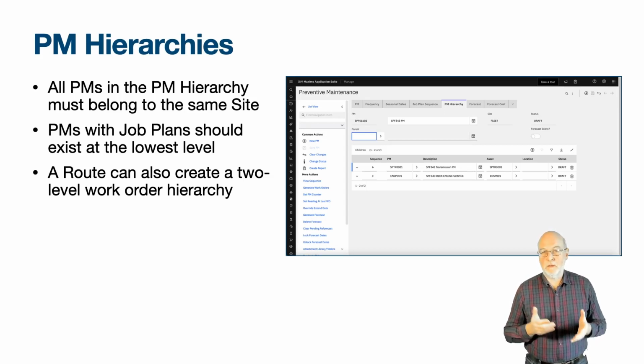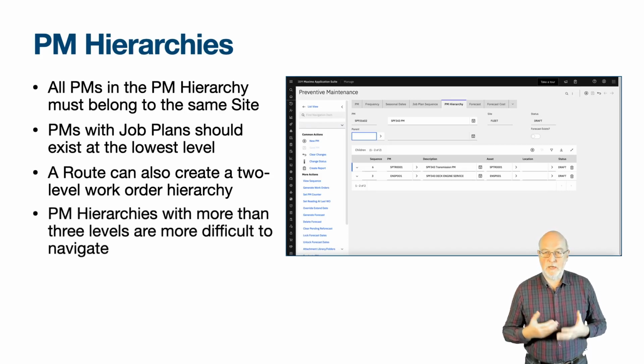A PM hierarchy can have more than two levels, for example, to model the PM elements performed in a shutdown, but it becomes harder to navigate when you are more than 3 levels deep, as there is no PM hierarchy drill down. In the past, I've suggested adding an additional field to group PMs for a shutdown project, rather than adding a 4th level to the PM hierarchy.